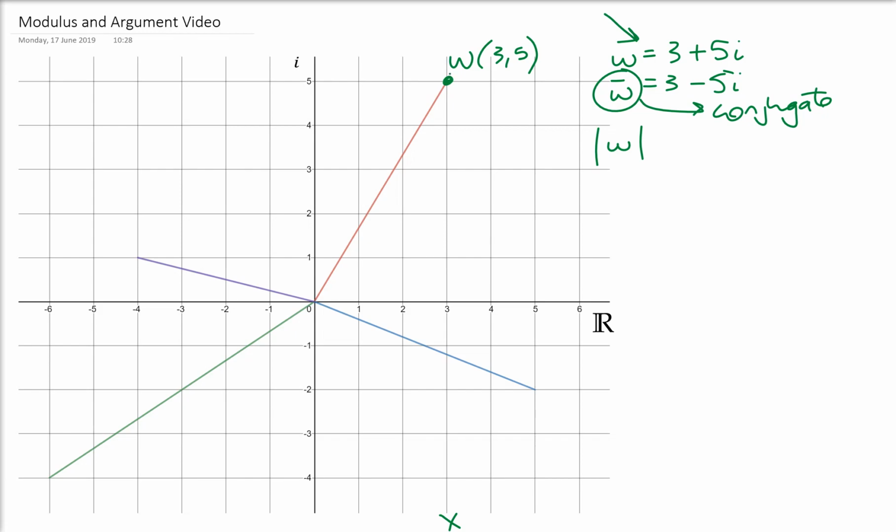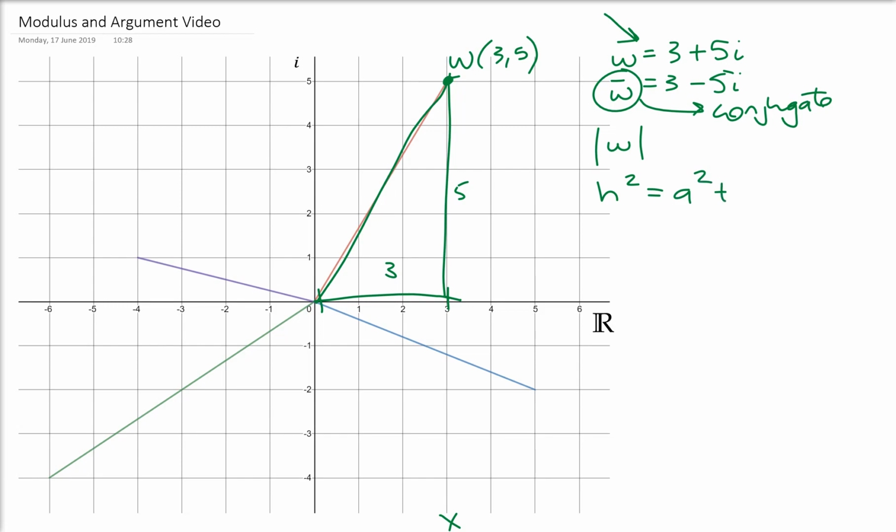Pythagoras' theorem, yeah. You'll see there's my right angle triangle, drawn beautifully. My base would be 3, my height would be 5.